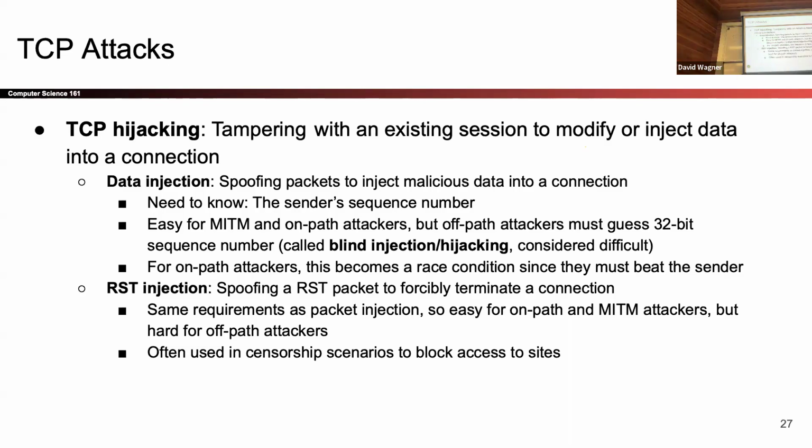To inject new data into the connection, the attacker sends a TCP packet with the right sequence number. It has to have the right sequence number for the recipient to accept it. If the sequence number is way off, then the recipient's going to be like, well, there was a huge gap. I better store that, but I'm not doing anything with it right now. So the attacker needs to know what sequence number to put in the packet.